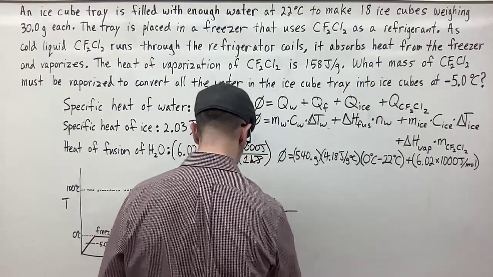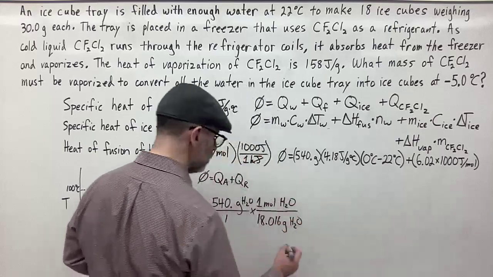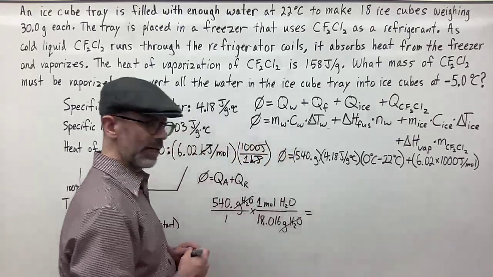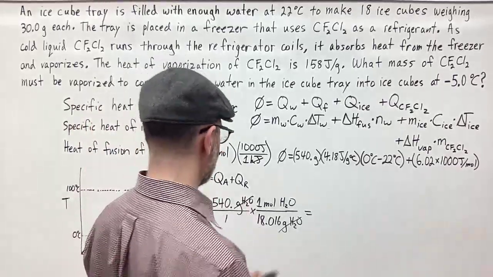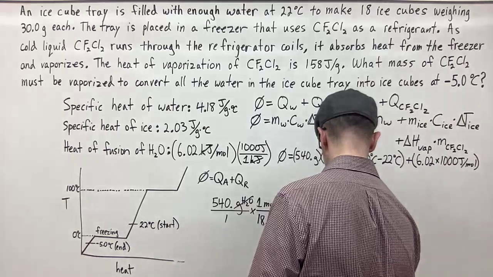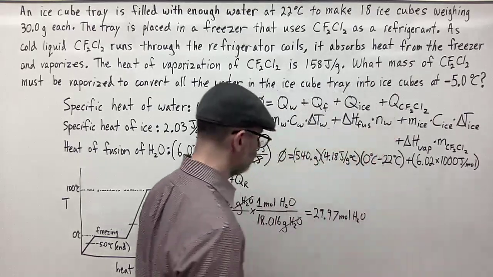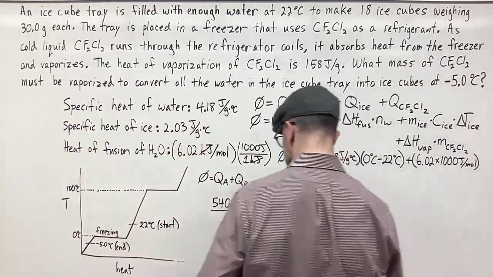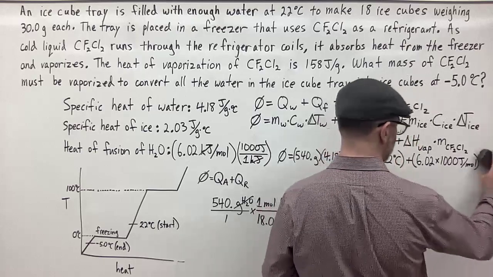So here we have water, water, water. So grams cancels out. We got moles. And when we calculate that, we get 29.97 moles of water. So now we can put that here. So what I'm going to do is I'm going to go ahead and do this calculation.